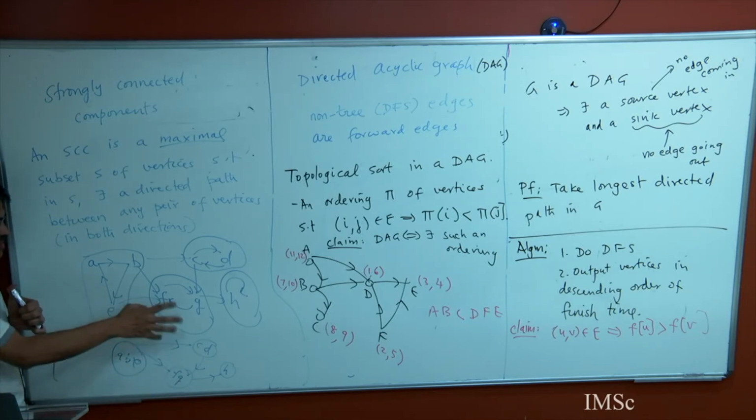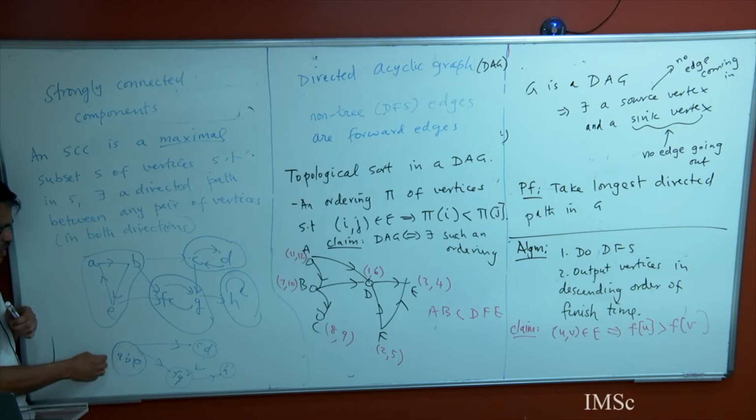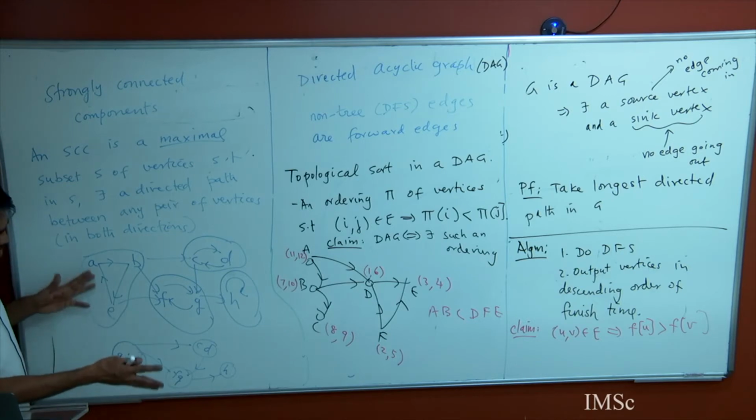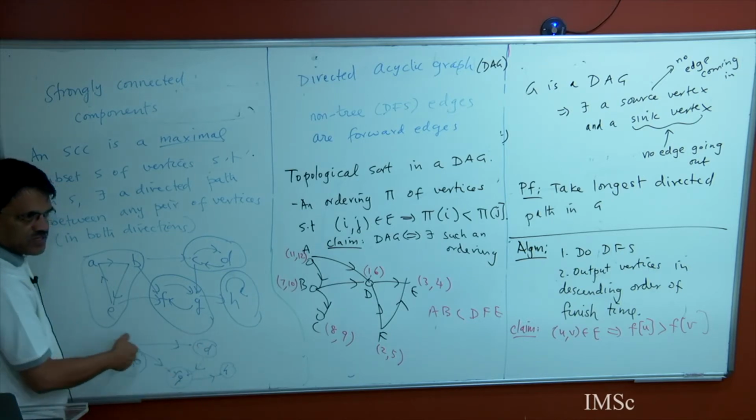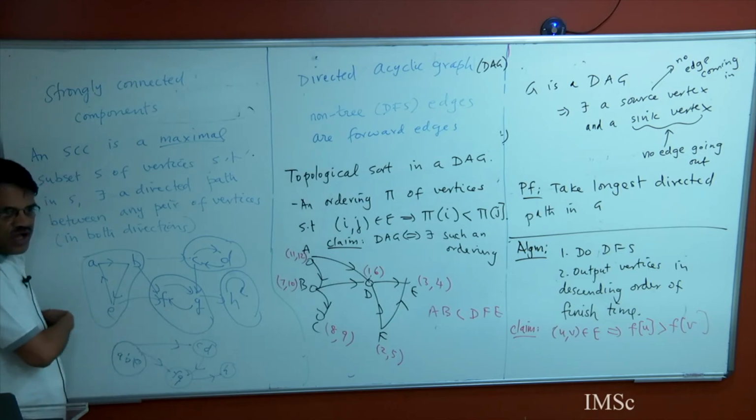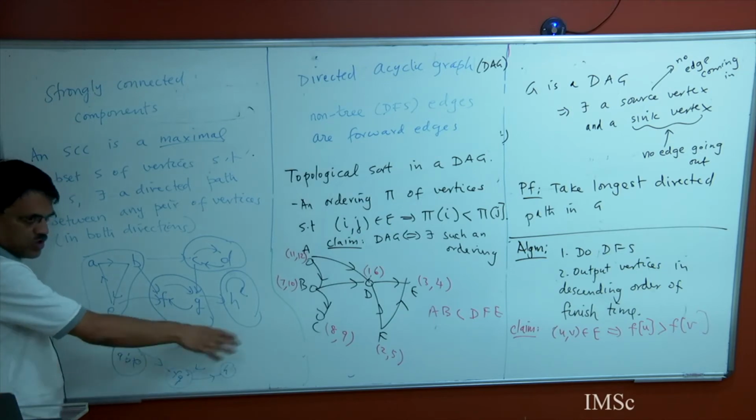So if I have a maximal set of vertices which are strongly connected, then the edges have to be only in one direction. You also claim that there can be no directed cycle. That's the next thing I was coming to. Yes, I claim that if you contract, I can design a new graph where I contract all of this into a single vertex and draw this edge, because I have already argued that all edges are going in one direction.